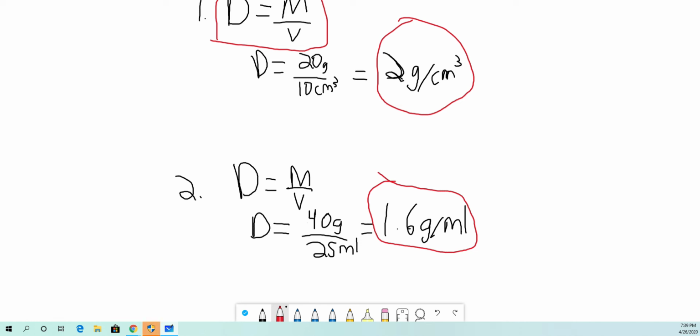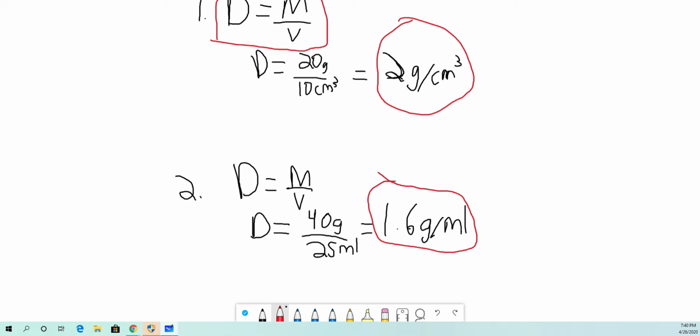So because 20 grams is mass, it's going to go where m is in the equation, which is on top. And because we know our volume is 10, we're going to put that where v would go, which is on the bottom. Again, the units give it away. 10 centimeters cubed is going to be volume because it's centimeters cubed. Because this is grams, you know that this is mass.